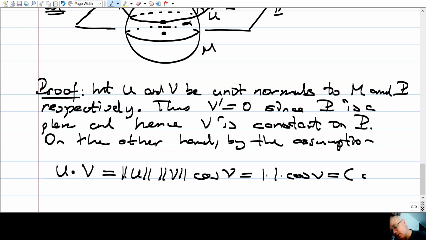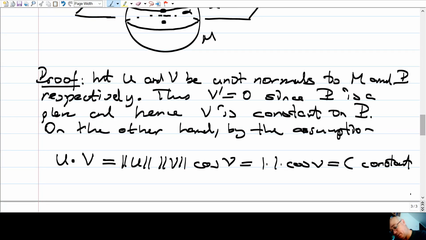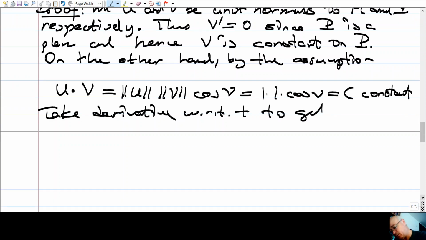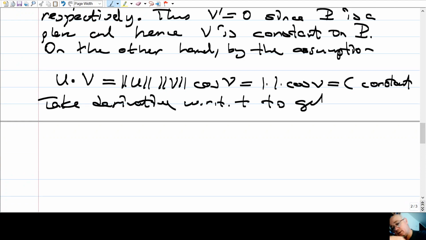Take the derivative with respect to t to get u prime dot v plus u dot v prime, and the derivative of a constant is 0.